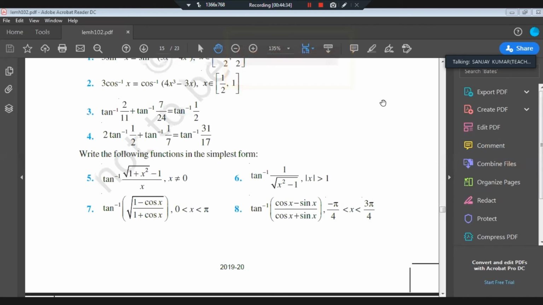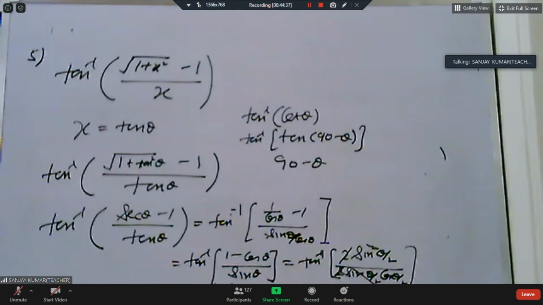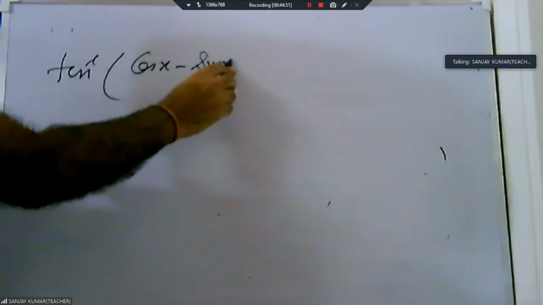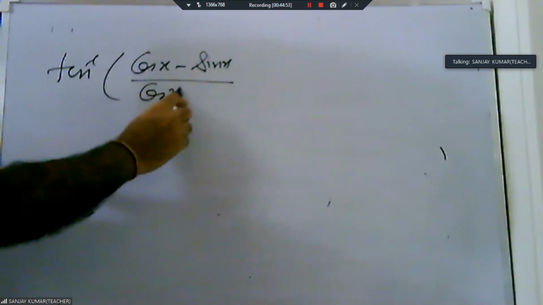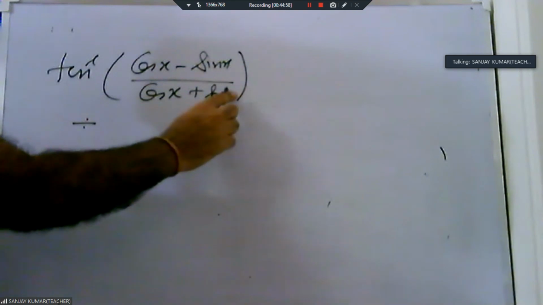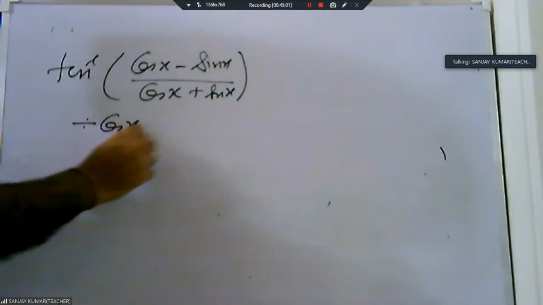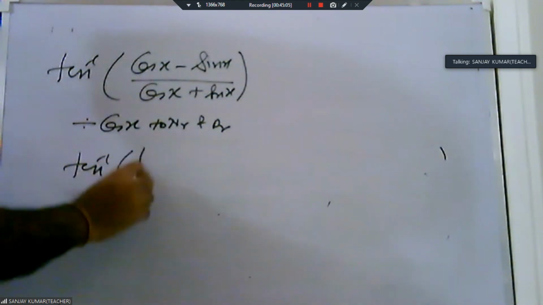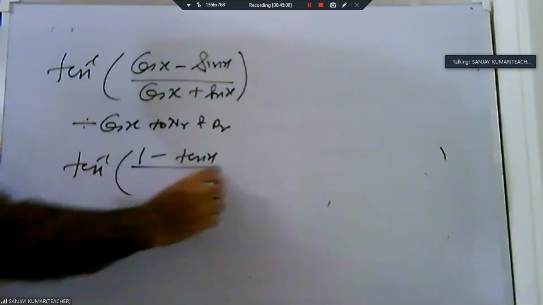Okay, now we take question 8 because time is about to finish. The last question of today is the 8th sum. This has some trick. It is tan inverse of cos x minus sin x upon cos x plus sin x. We already did this question in 11th class, so as time is short I am passing quickly. We divide cos x in numerator and denominator, then we get tan inverse of 1 minus tan x upon 1 plus tan x.